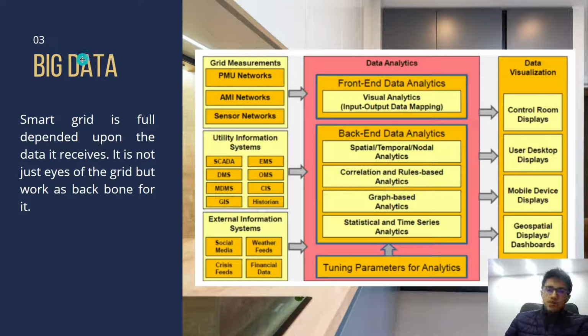And finally, with the smart grid, we have big data. Big data is important. The smart grid is fully dependent upon the data it receives. This is because the smart grid has to make decisions basically with the information that it has.